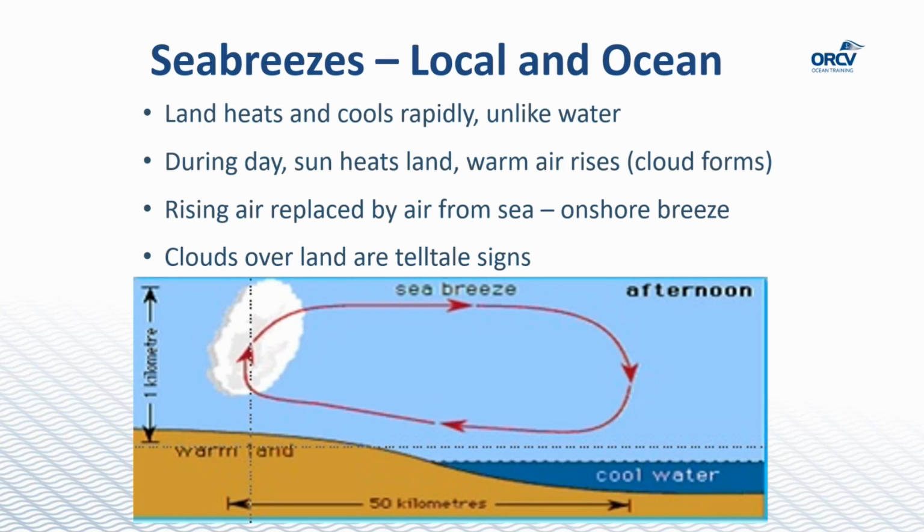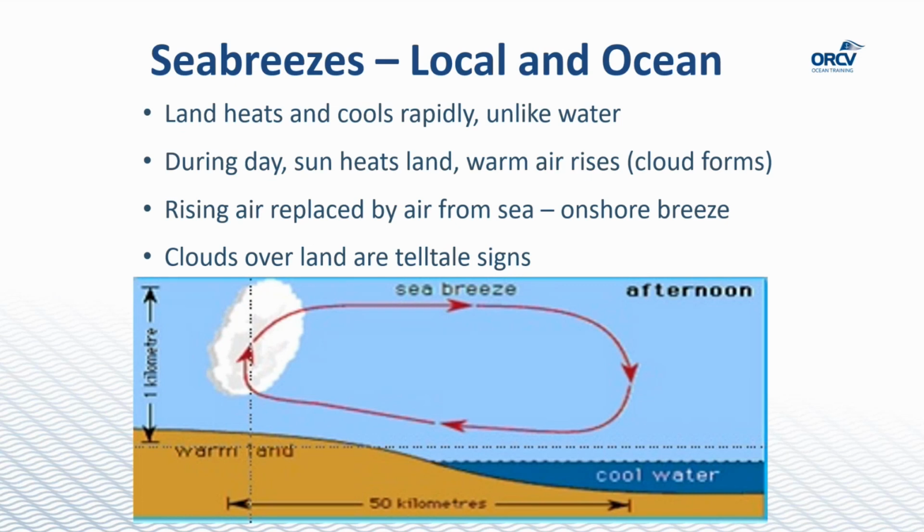Similarly, the air that's moved over the water has to get cooler air or some air down to replace it. So air comes down from aloft towards the water, and the air that comes from aloft is cooler anyway.